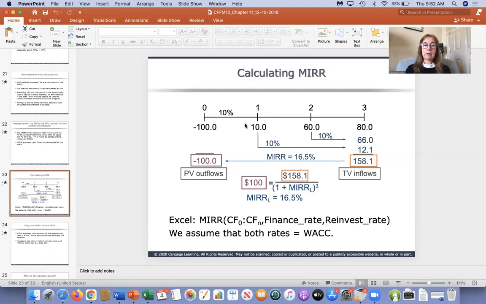First, we calculate the net future value of the cash flows. That's right here. Then we solve for I/Y back in the third row of your financial calculator, and that rate is the modified internal rate of return.